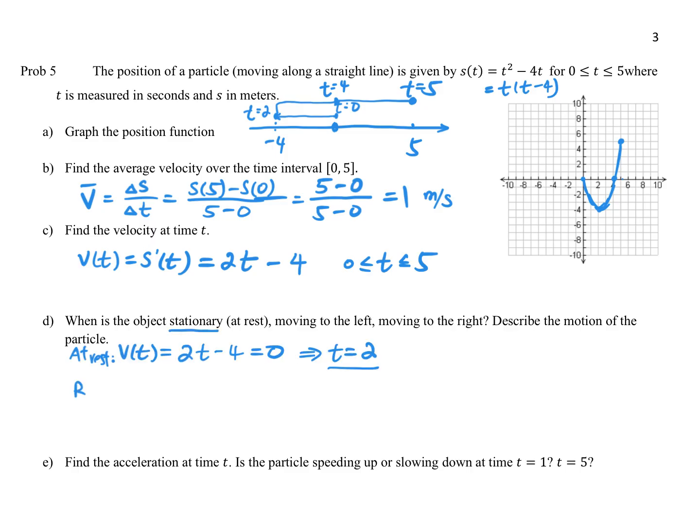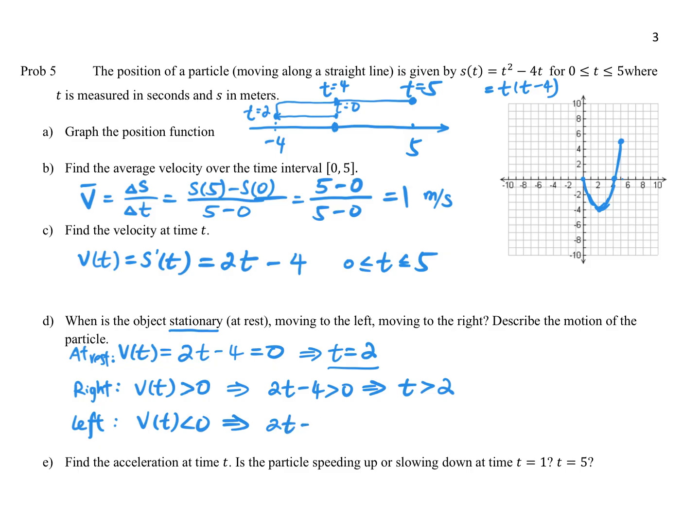Now moving to the right is when the velocity is greater than 0, so we set up the inequality 2t minus 4 greater than 0, which means t greater than 2. And to the left, we simply set this velocity to less than 0, which means t less than 2.